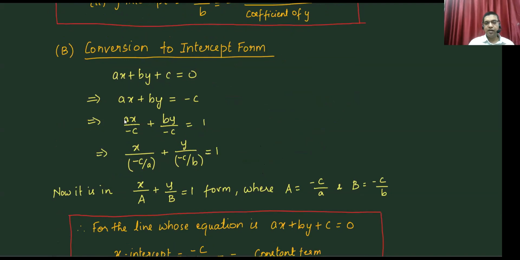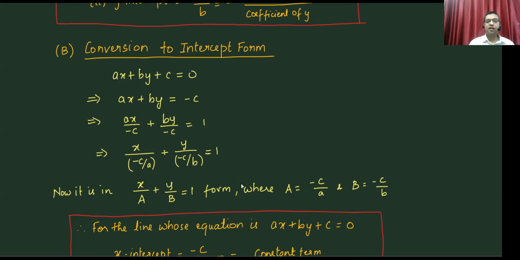And then bring the coefficient a to the denominator and coefficient b to the denominator, like this. x divided by minus of c by a plus y divided by minus of c by b equal to 1. Now it is in the form x by a plus y by b equal to 1, where a is minus c by a, and b is minus c by b.